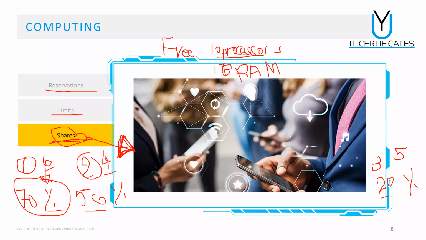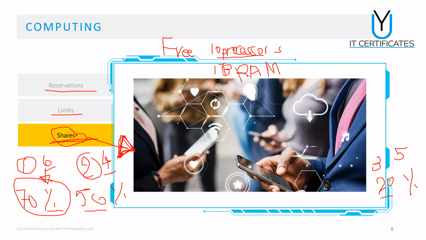Any questions? It all depends on how the resources get shared. This is all about that, right? Yes, of course.